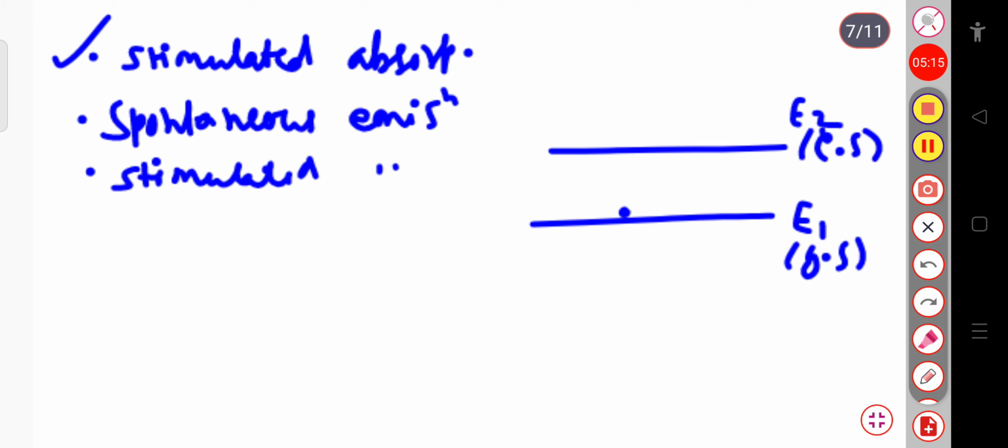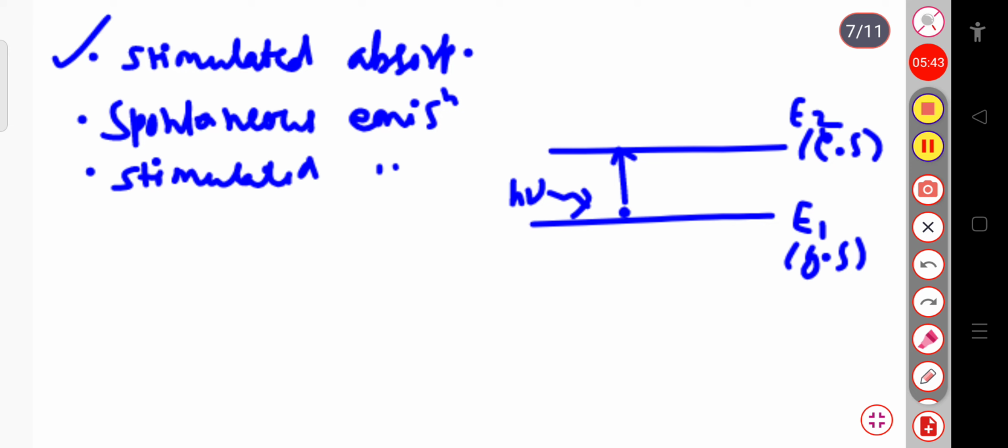In practical cases a large number of atoms are in the ground state, but if you consider a single atom present in the E1 state, when it is given some amount of energy, that is h nu, because of the photon, then by absorbing this energy this atom goes to the higher state, that is your E2 state, and this is known as stimulated absorption.